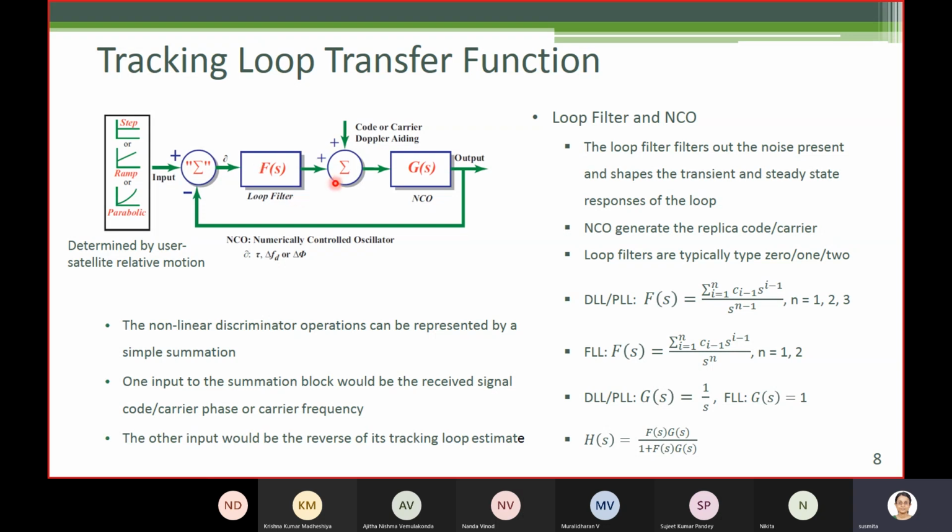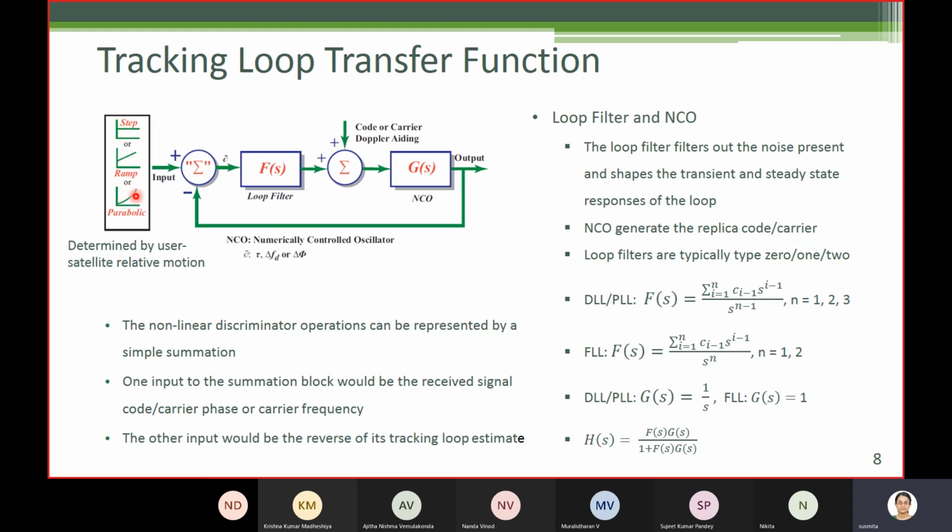Now to make the loop operate better, some aiding can be provided. How can the aiding be generated? See, the loop has to track these changes fast. What if we can feed these changes from some external means? That is what is done. So if we can have another sensor, say an inertial navigation system, that can sense the user motion.